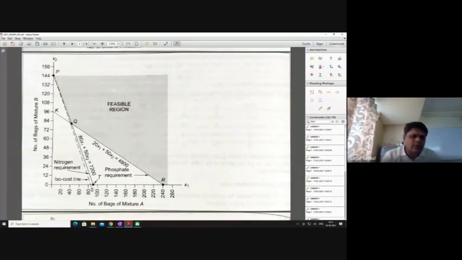Okay. Now, what are the types of constraints? Whether they are less than or equal to or greater than or equal? Greater than or equal to. So you have to go away from 0, 0. Okay. Now this is KR line.